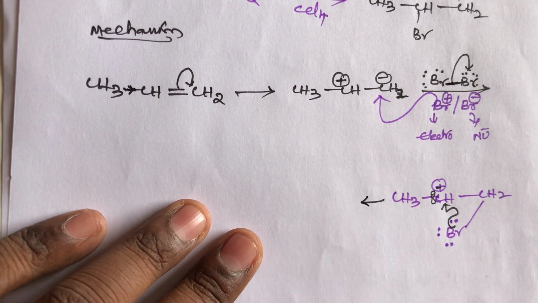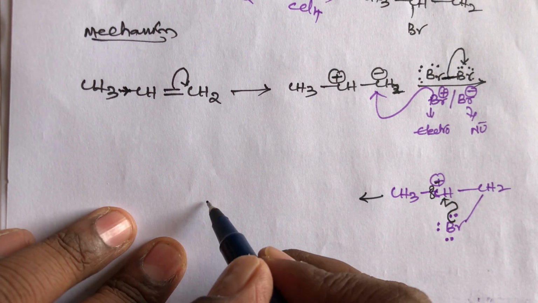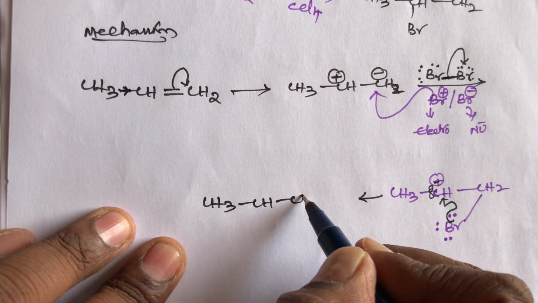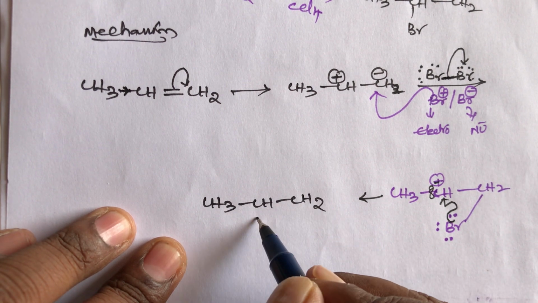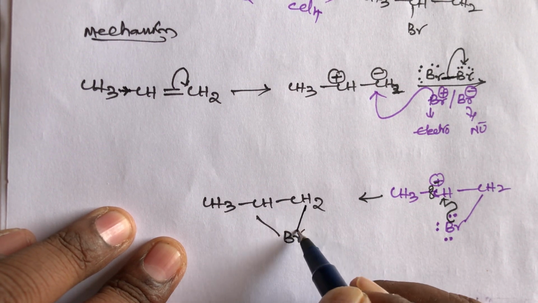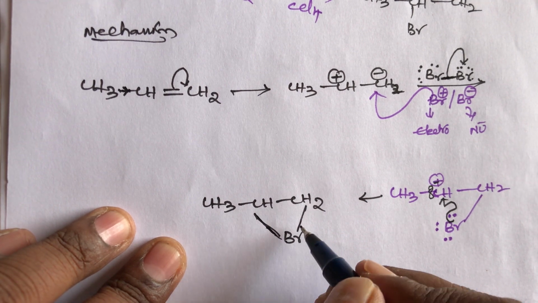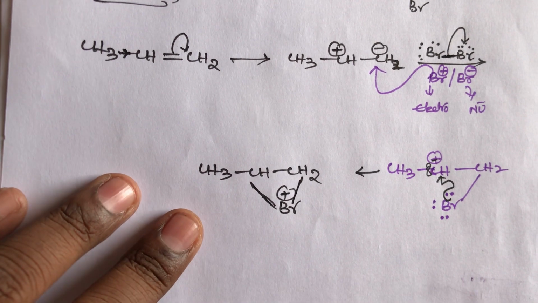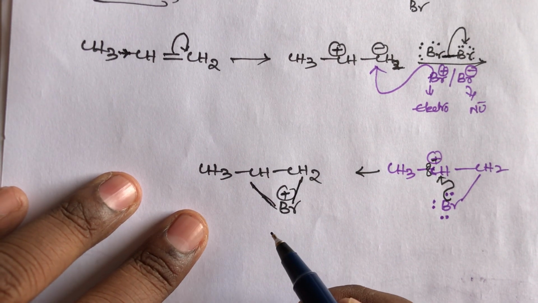We get CH3 CH, then CH2, with Br bridging and a positive charge here. This is called the bromonium ion, that is the cyclic bromonium ion.